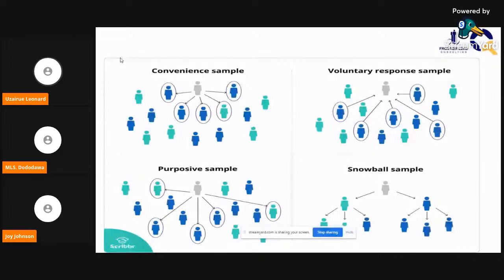Once you say that, no matter how good your result was, you have discredited the outcome, because it simply means you conveniently collected your data, even from those that are not qualified for the study. But that be as it may, there are some instances where you may not be able to avoid convenience sampling.